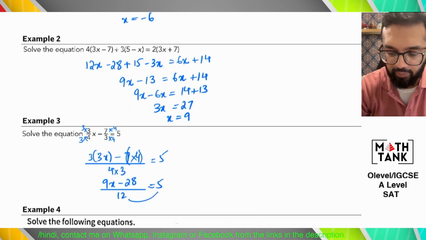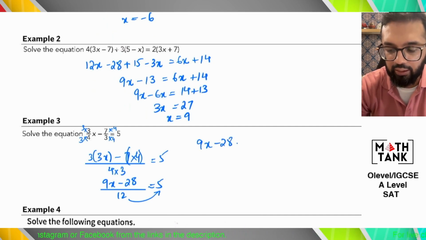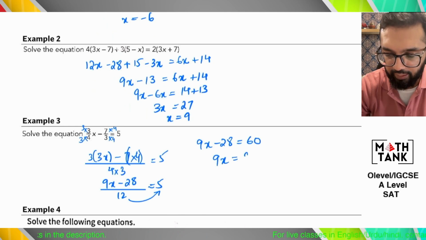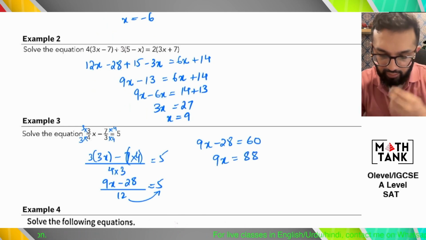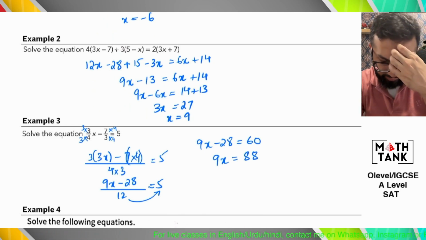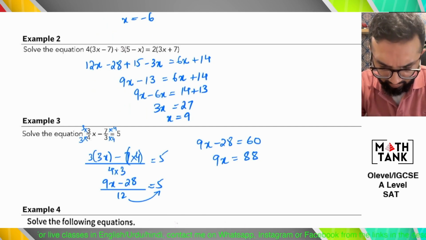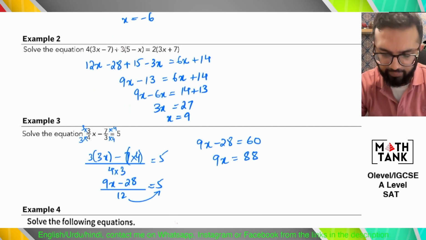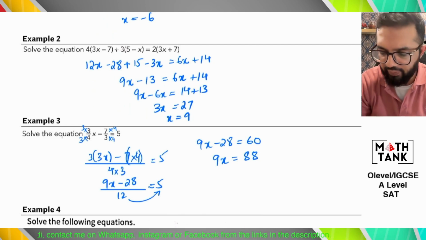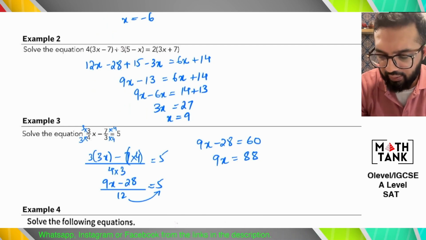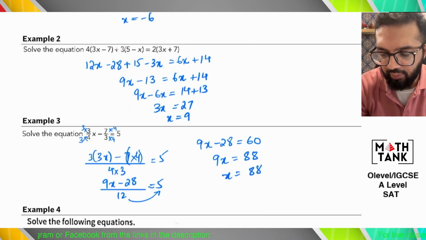I can cross multiply this 5, so that gives me 9x minus 28 equals 5 into 12, which is 60. So 9x equals 88. I hope I've not done anything wrong on this one. I'm just seeing an unusual answer here. 3x minus 28, 5 times 12 is 60. Yeah, that sounds fine. So x is therefore 88 divided by 9.